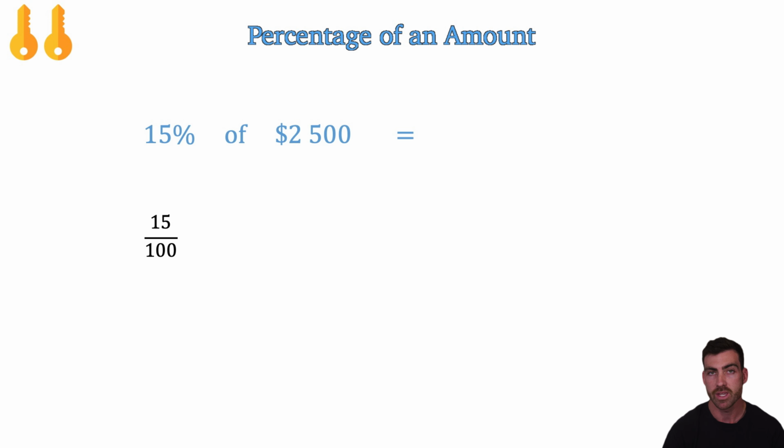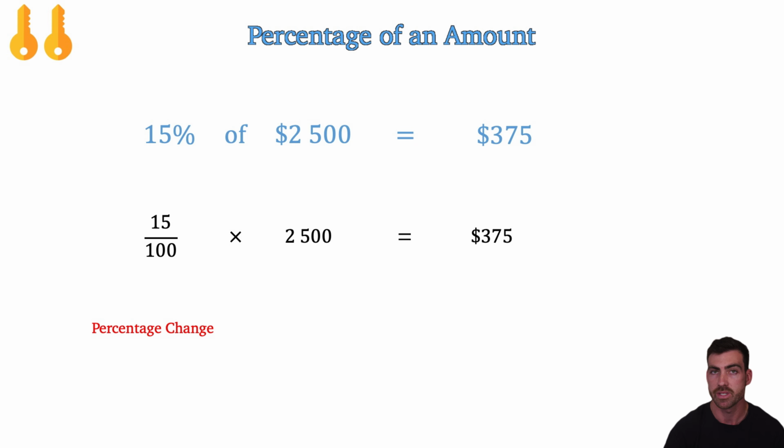We convert the 15% as a fraction, 15 over 100. Of means multiply, then times 2,500. Using a calculator, we get 375. In this question, the 15% was the percentage change, 2,500 was the original amount, and the 375 is the change in dollars.